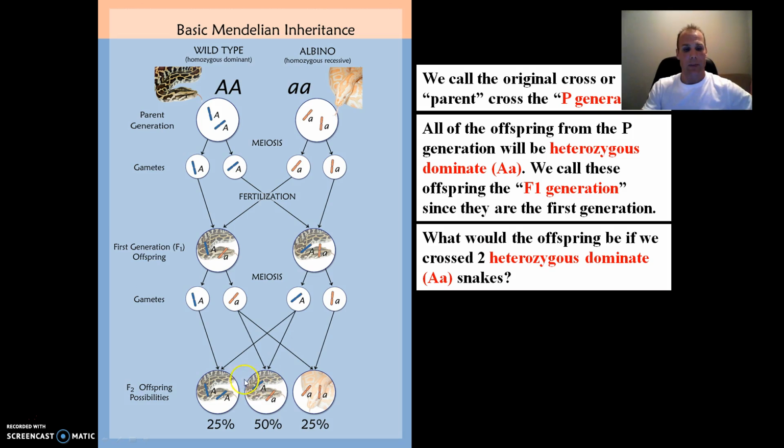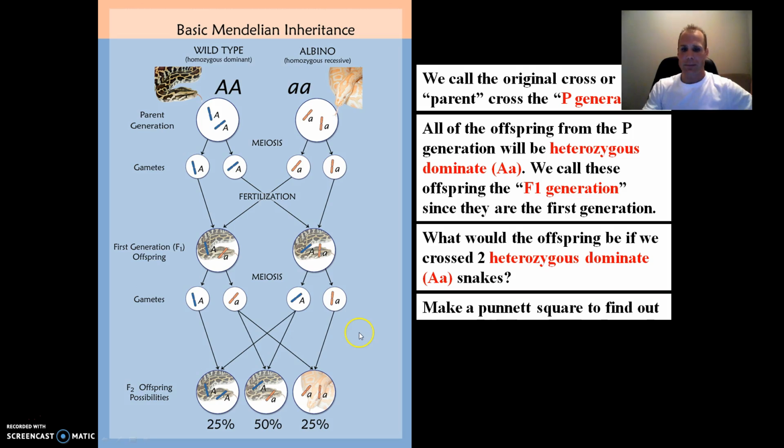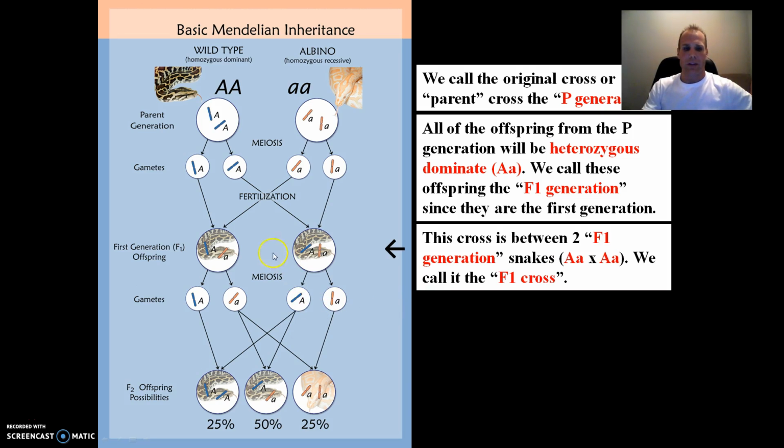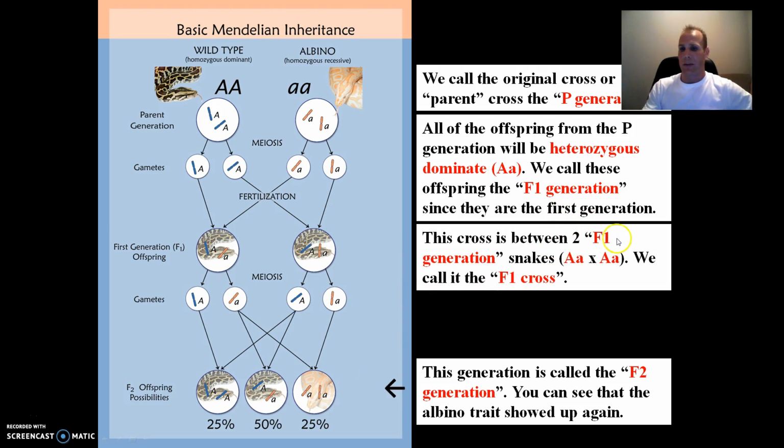You can see the phenotypes: 25 plus 50 is 75% are that brown wild type, and only 1/4 of them, 1 out of every 4, is going to have that albino trait showing up. So you make a Punnett square, you see that these right here, P generation, F1 generation, and the F2 generation. So P, F1, F2. This would just be an F1 generation of that hybrid cross here, okay?